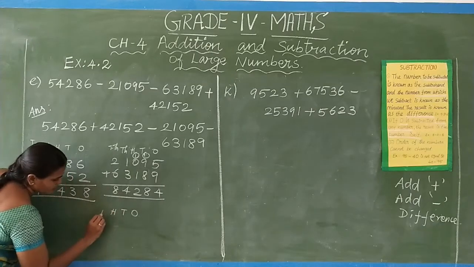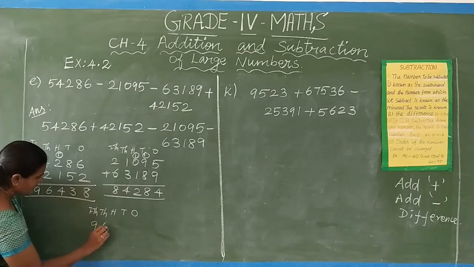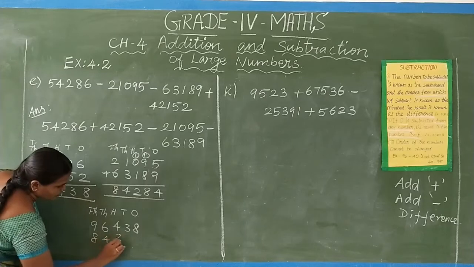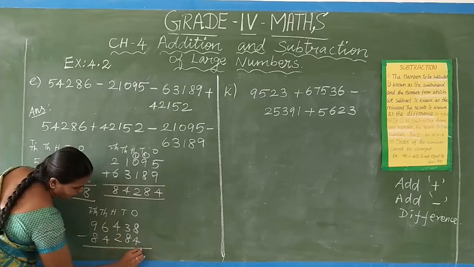Hundreds, thousands, 10,000s. Okay, 96,438 and 84,284. Find the difference. So 8 minus 4, 4. 3 minus.